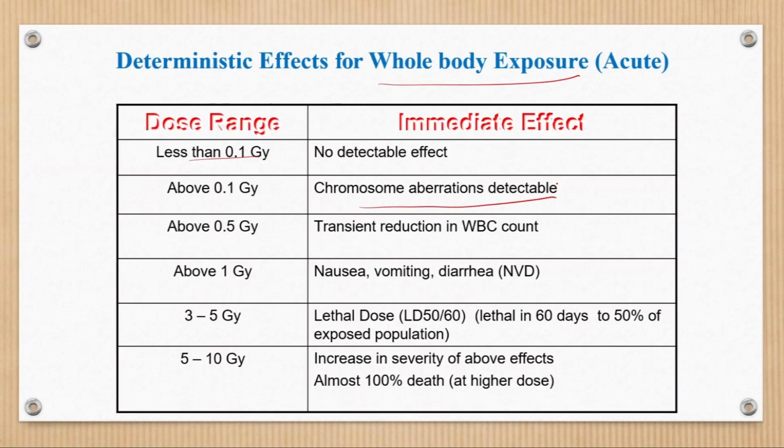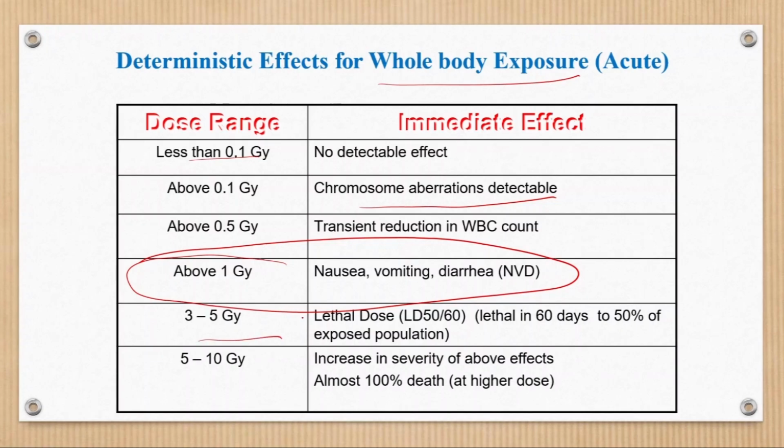Above 0.5 gray, there is a transient reduction in WBC counts, that is bone marrow depletion. Above 1 gray, nausea, vomiting, and diarrhea are a concern. This gives the immediate response to radiation, like nausea, vomiting, diarrhea, if the person reaches 1 gray or more.